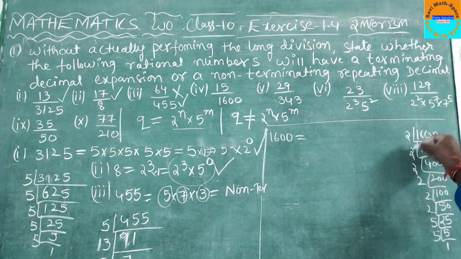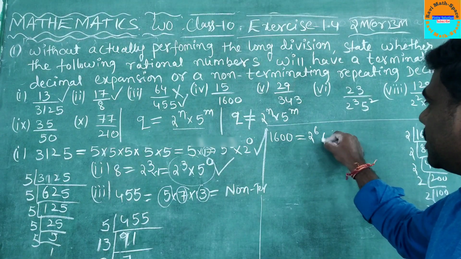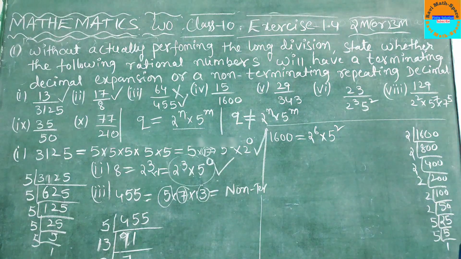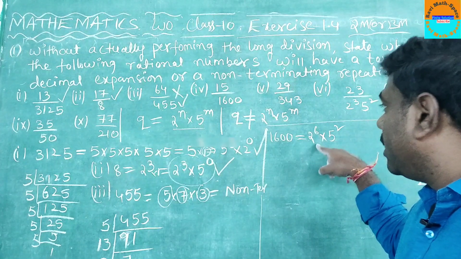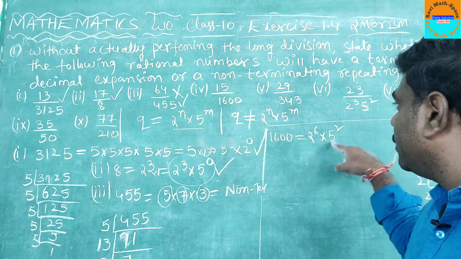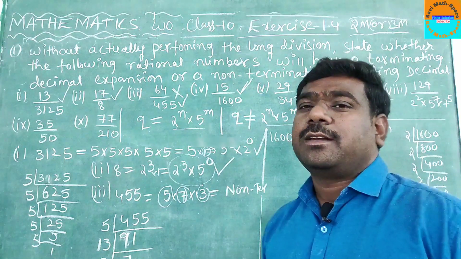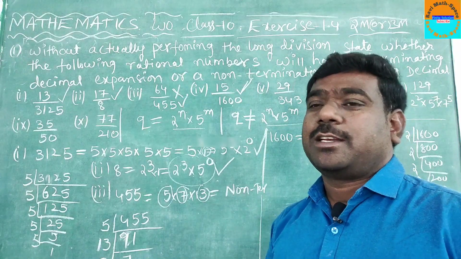Therefore 1, 2, 3, 4, 5, 6. 2 power 6 into 5 repeating 2 times. Yes or no? Yes. The denominator is of the form 2 power n into 5 power m. Therefore, 15 by 1600 consists of a terminating decimal expansion.